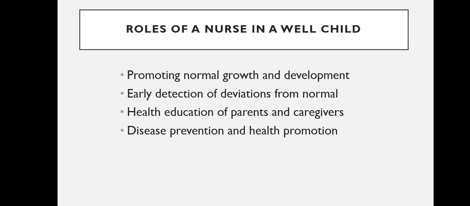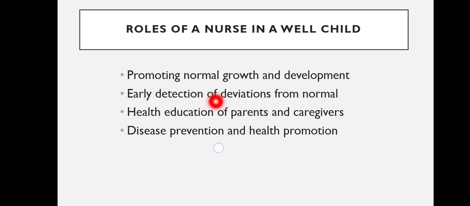If there is any problem detected, you need to intervene. But at that time, you are promoting normal growth and development through measurement, counseling of the mother, and among many other things. How about the other point?